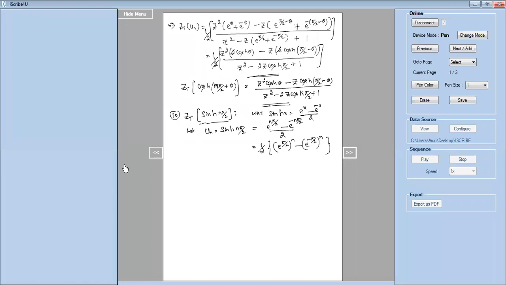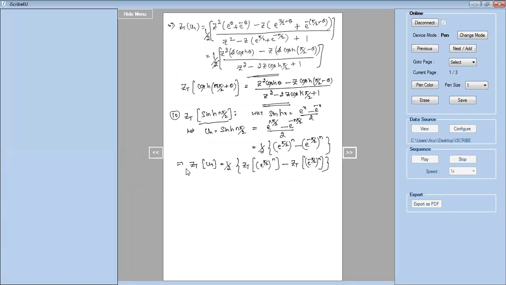And then take the Z transformation on both sides. So this implies the Z transformation of un equals 1 by 2, we'll keep it outside, the Z transform of e power pi by 2 whole power n minus the Z transform of e power minus pi by 2 whole power n here. Right? We have taken the Z transformation on both sides.